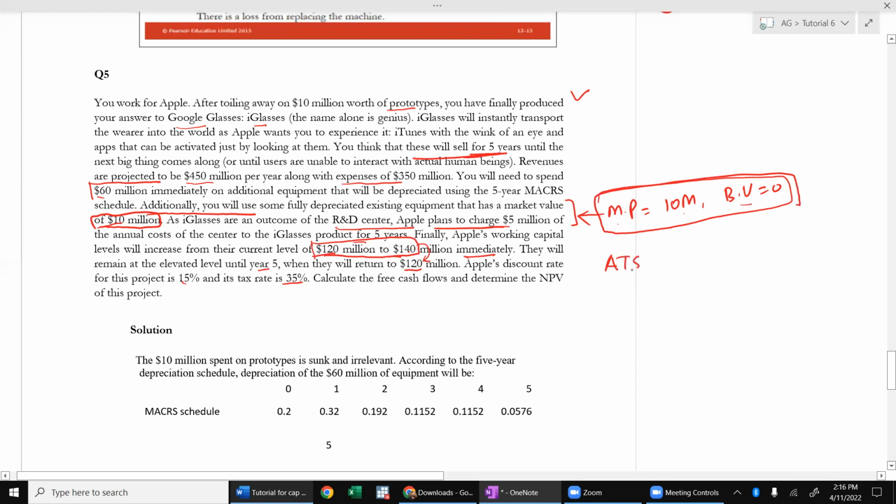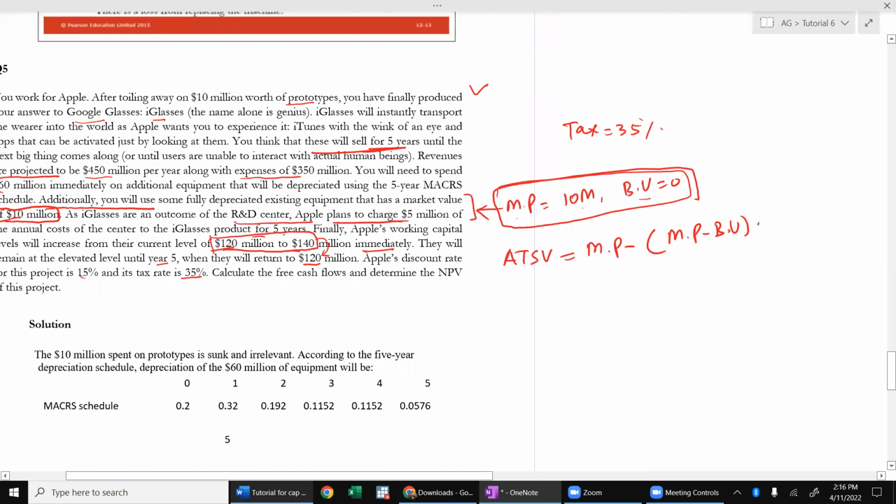So after tax salvage value is equal to, how much is the tax rate, by the way? 35%. All of the information given is very easy to understand, but this part will create problems for some students. Okay. So after tax value is equal to market price minus book value, multiplied by tax rate.